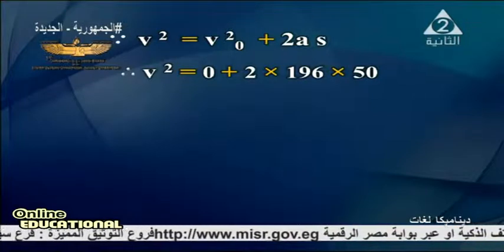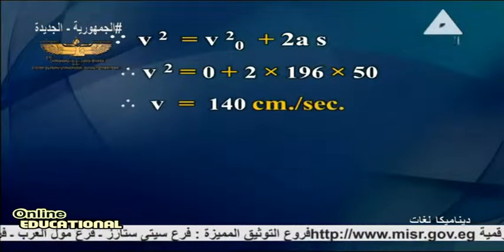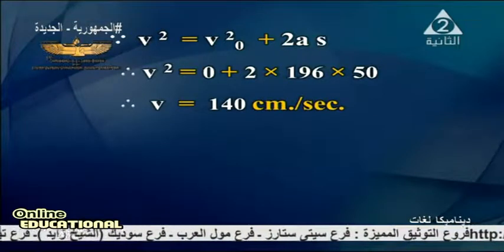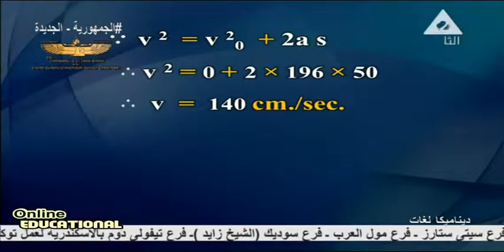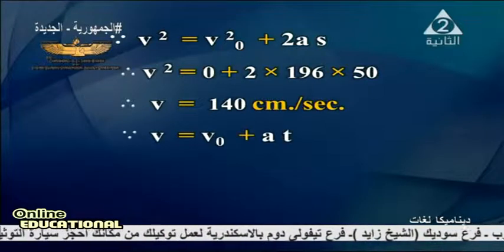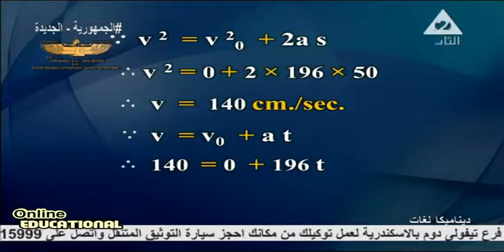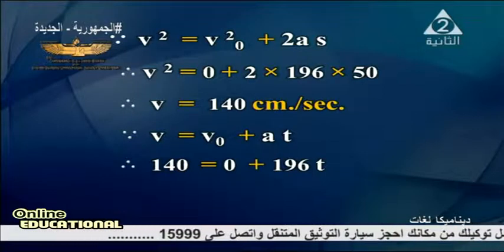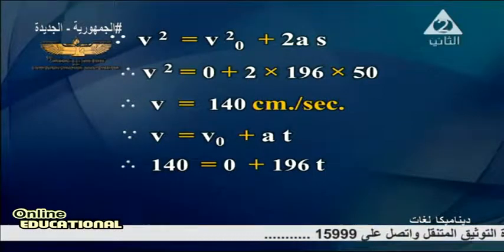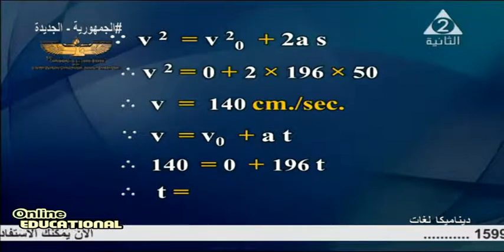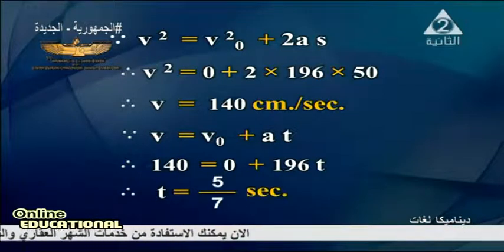Then v equals 140 centimeter per second. What is the time taken in this case? v equals v naught plus at. Then 140 equals 0 plus 196t. Then the time equals 5/7 seconds.